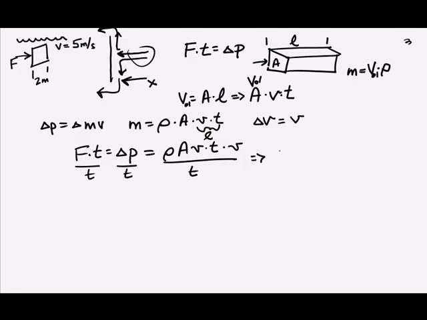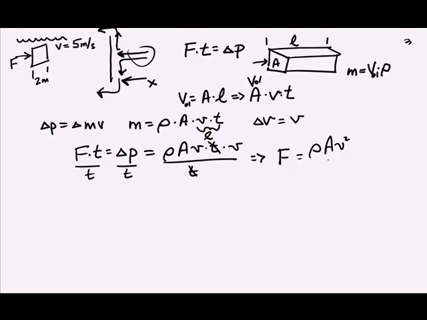I get the force required to push this plate 2 meters on a side is equal to the density of water times the area of that plate times velocity squared, and look, our time cancels in both cases here.